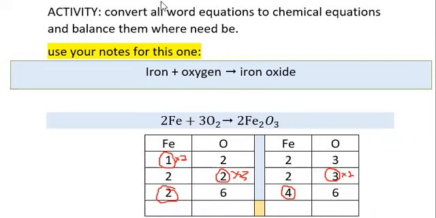All we need to do is say 2 times what gives me 4? 2 times 2. And instead of putting a 2 here, all I need to put is a 4, and that is my balanced equation. Just write it properly. There we go. Moving on.